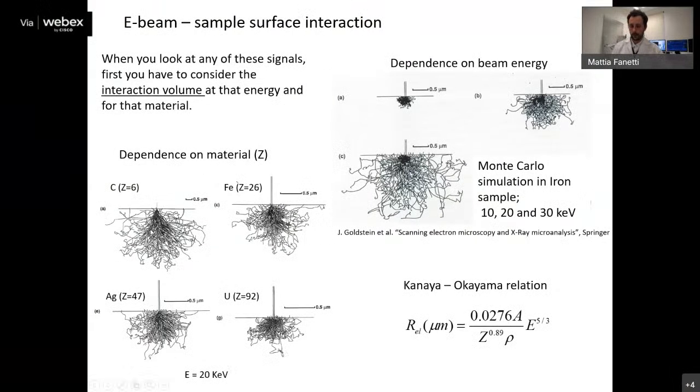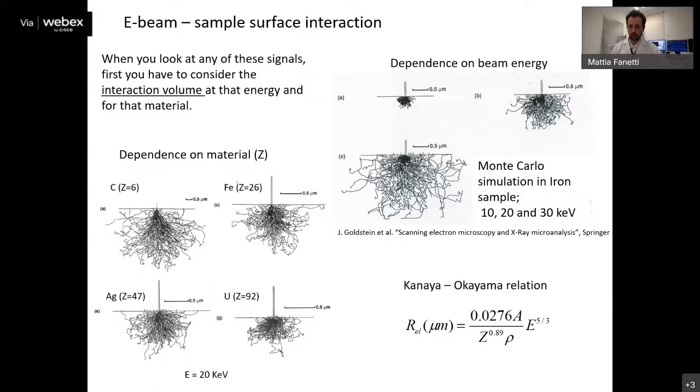Okay, so here you can see that, for example, in carbon at 20 kilovolt, you have an interaction volume of several micrometers. Okay, let's say 5 micrometers. While in uranium, with the same beam energy, we have an interaction volume of maybe half a micrometer.